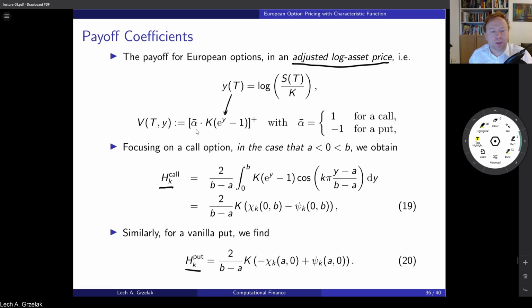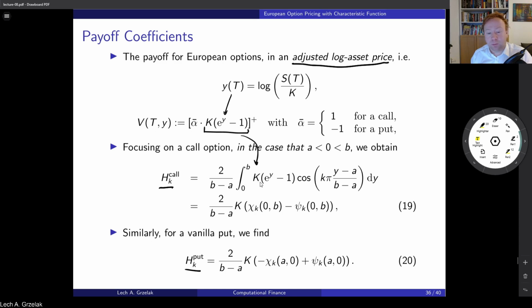Once we have this representation, you can see that we need to calculate an integral of this payoff function times the density. So this is the payoff function, and then we have cos of k pi (y minus a) over (b minus a), and this term comes from the cosine representation of the density, presented in a previous block.